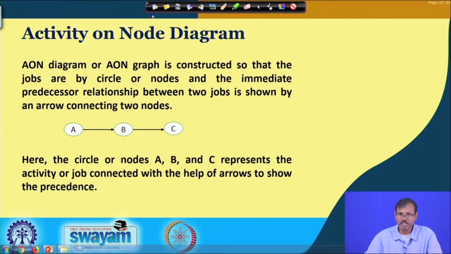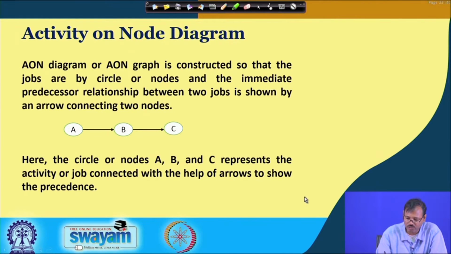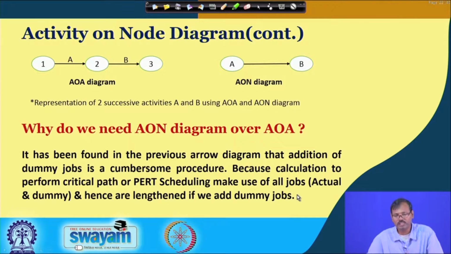Only by giving the arrow connecting to that node or ending at that node shows the precedence of that job, and the arrows coming out from that node show the succedence. So, basically the construction of the network is very important or very easy in this activity on node diagram.